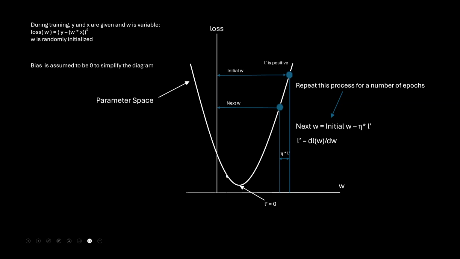And then when we jump over here, we come back this way, depending on the number of epochs, basically the number of iterations that we are executing this equation. And if the number of epochs is too small and the learning rate is also too small, we may never get to the minimum value of the loss function.